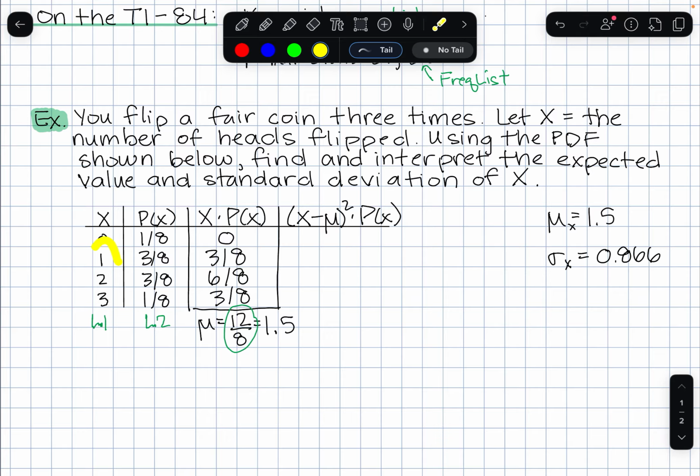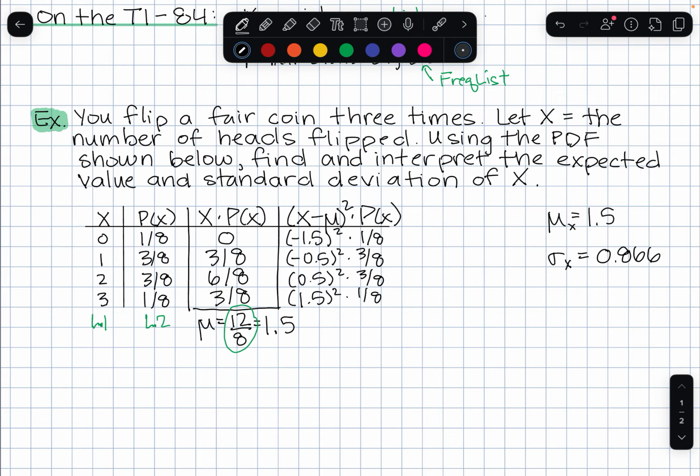So let's do the 1.5. 0 minus 1.5 is minus 1.5 squared times 1/8. And then 1 minus 1.5 is negative 0.5 squared times 3/8. And then 2 minus 1.5 is 0.5 squared, times 3/8. And then 3 minus 1.5 is 1.5 squared, times 1/8.